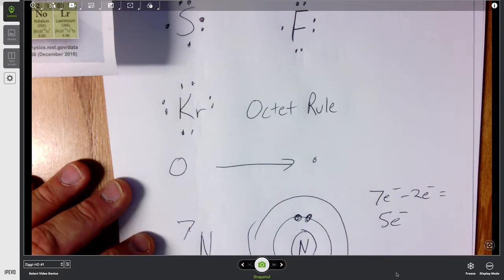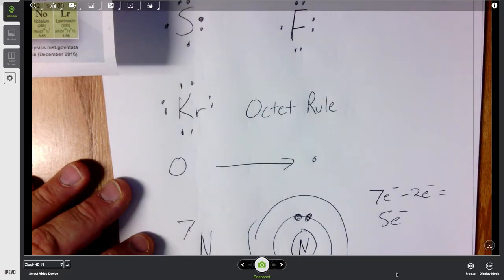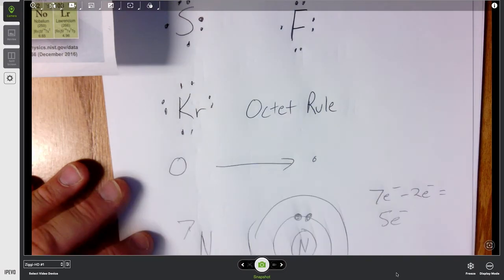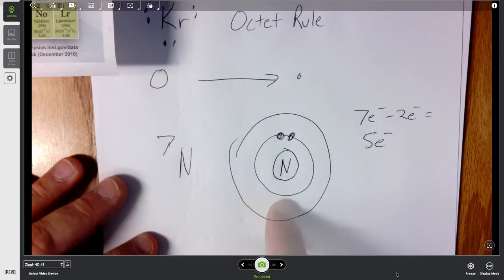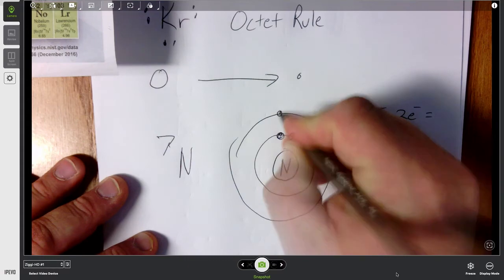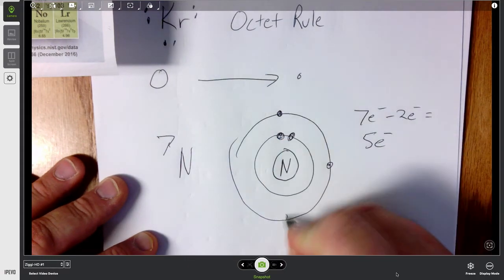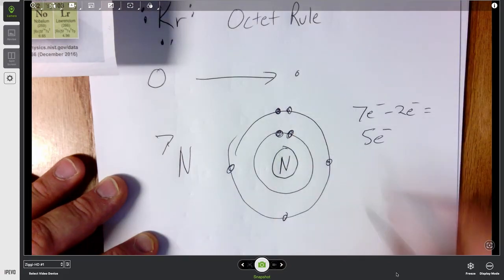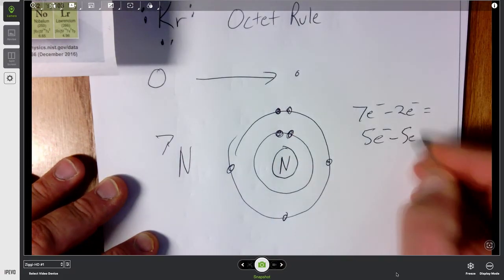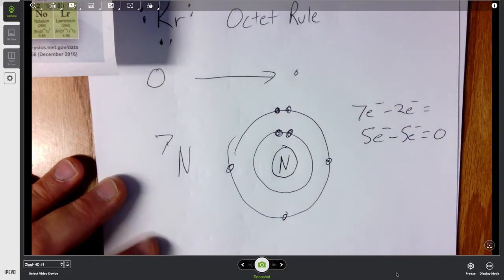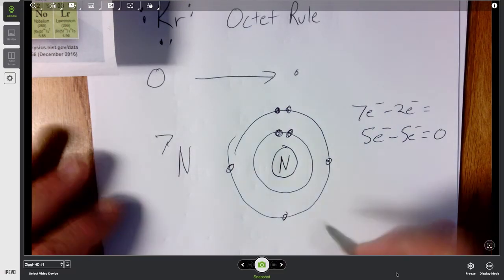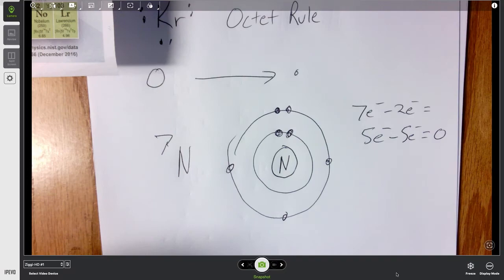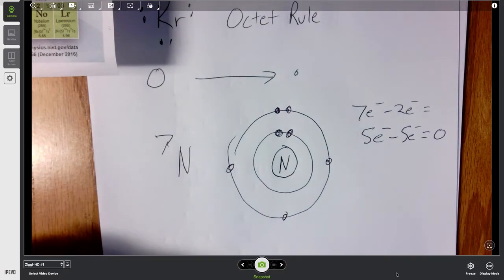So we have to place 5 electrons. The first energy level is full. We have to place it on the second. I have 5 on the second. I've placed all the electrons. And then it's the outside energy level that is the valence.